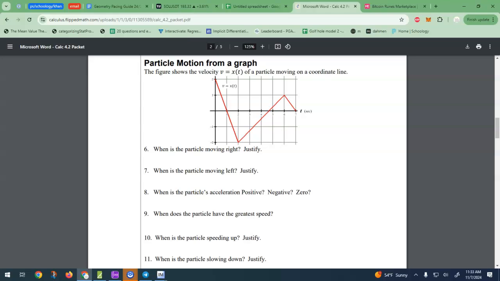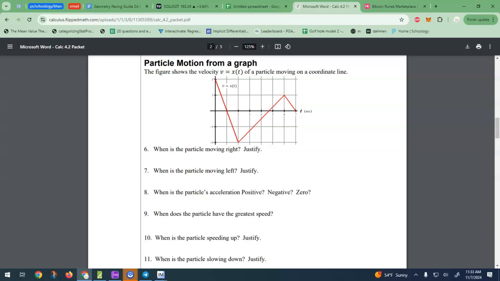Next section. Right there, my velocity is positive because we're above the axis, and my acceleration is positive because we've got a positive slope, so we are speeding up between 4 point whatever and 6. I've got one left in the corner. So my last section is this here.